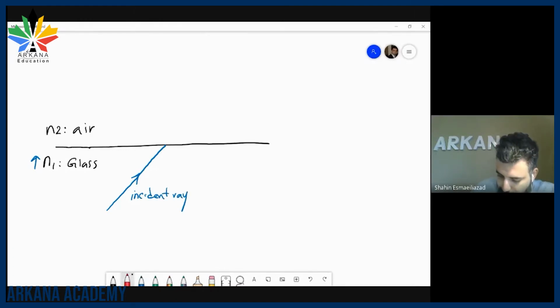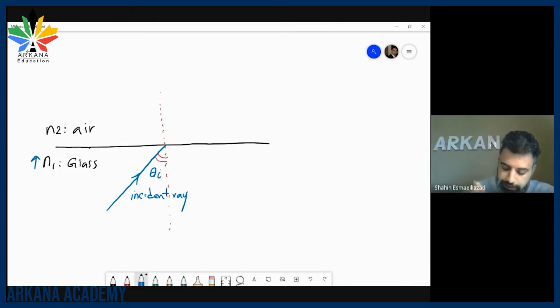We also call this angle with respect to the normal line theta I. So the angle of incident theta I. We also have the angle of refraction.